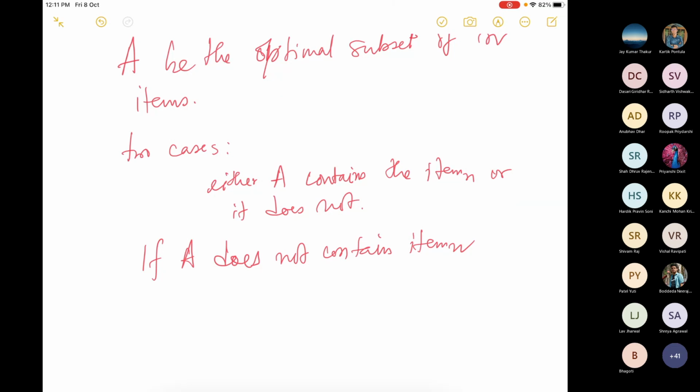If A is not containing the item n, then A is an optimal subset of the first n-1 items.